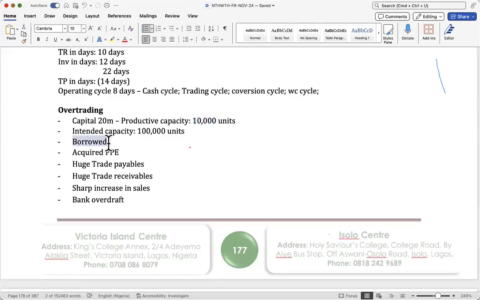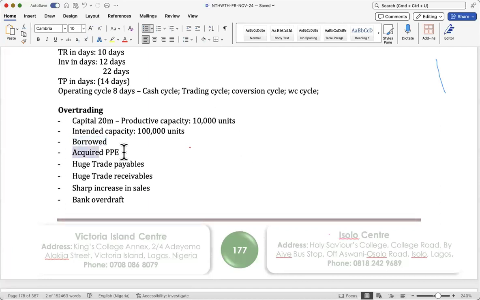If you see his balance sheet, you will see that between that current year and the previous year, you see a dramatic upshift in long-term loans, in borrowings. You see that it would jump up drastically.